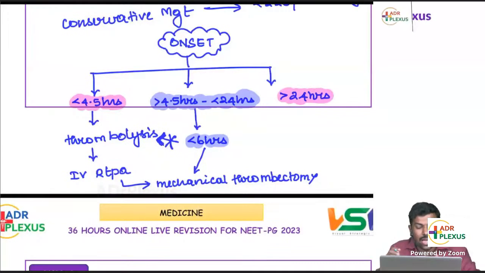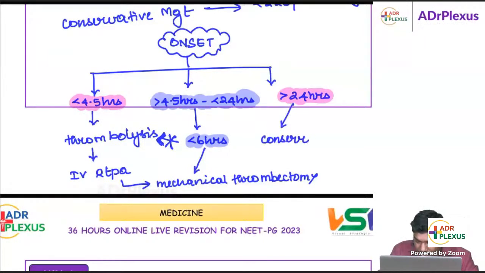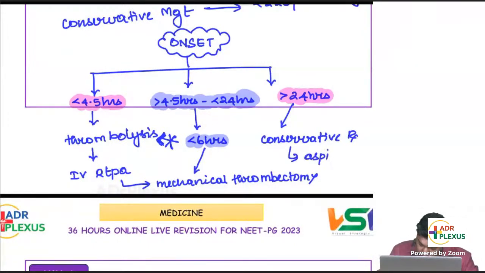And if it is more than 24 hours, then most of the time it is going to be conservative treatment, and you're going to start aspirin. So RTPA is recombinant tissue plasminogen activator. This is how you will approach a patient with stroke.